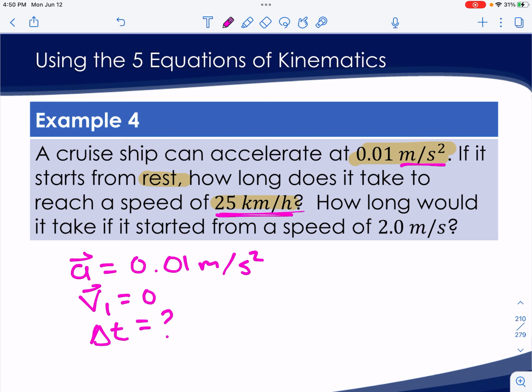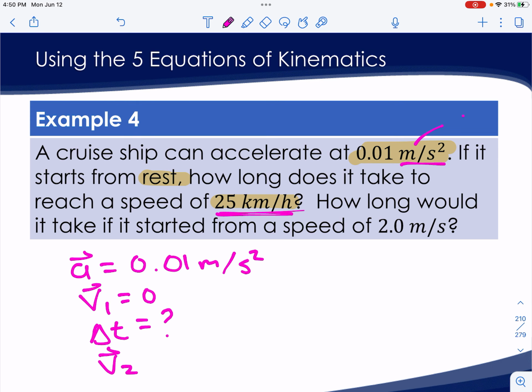And it's telling you the final speed or final velocity. Notice that here it doesn't give a direction. It gives you a speed. And so this is 25 kilometers per hour.